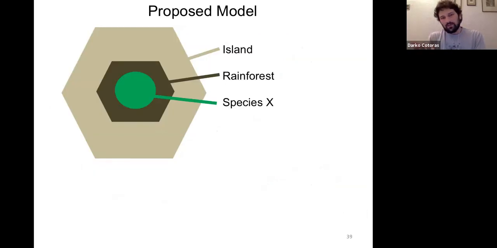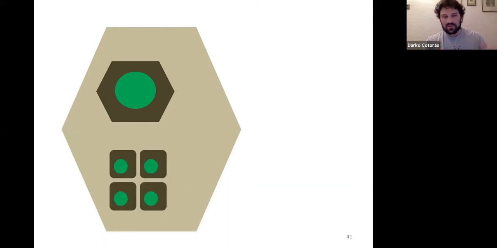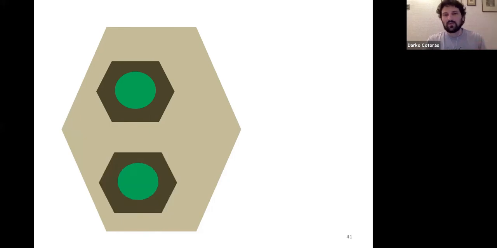So what I'm going to propose now is a very simple conceptual model as to how these two things can combine. So let's imagine we have an island with a patch of rainforest and one species. Because it's a volcanic island, eventually we have a second volcano. Our species colonizes this second volcano because there are lava flows. There will be some dynamic of separation and mixture like the Kipuka on the Big Island.